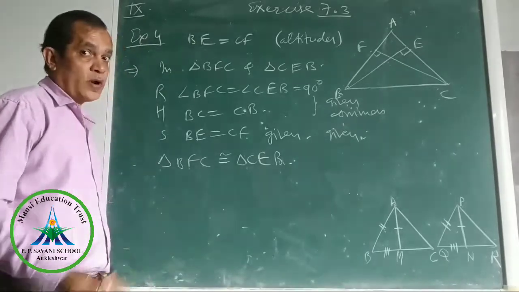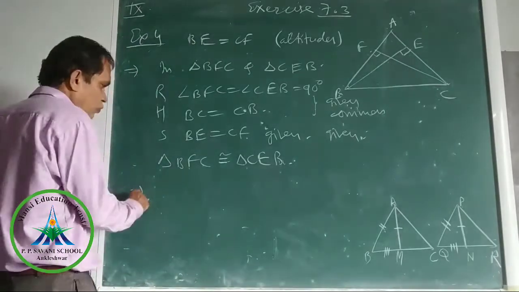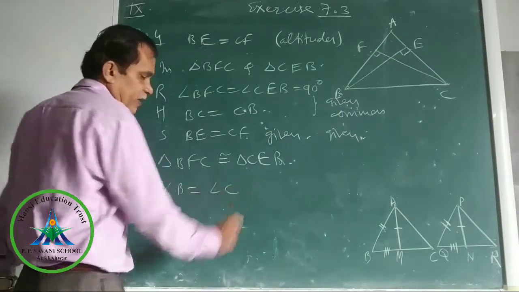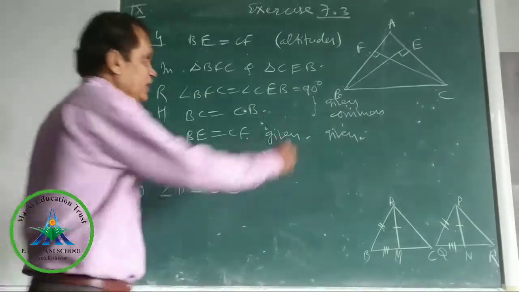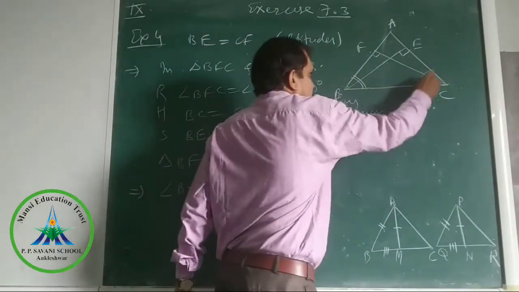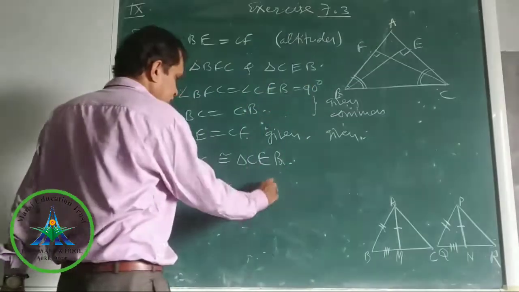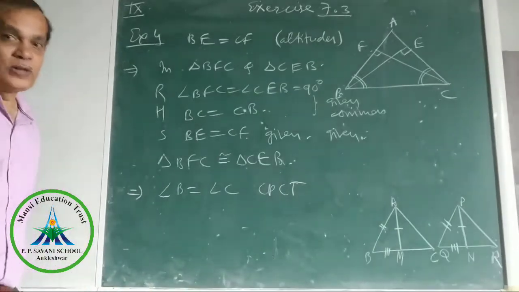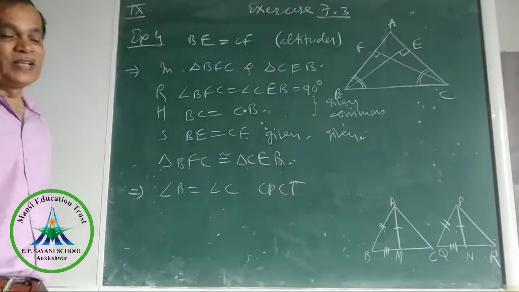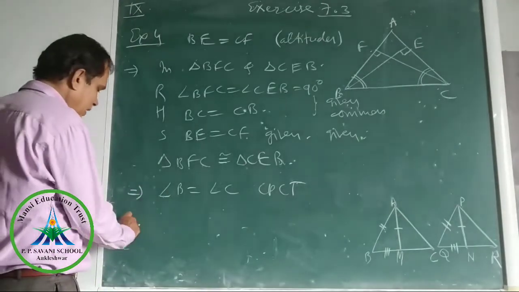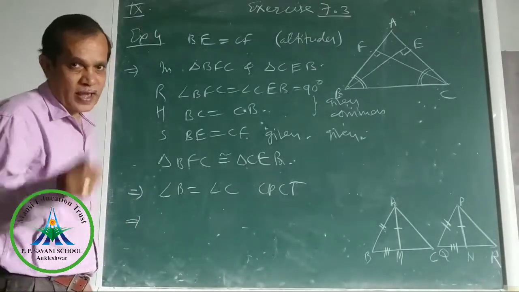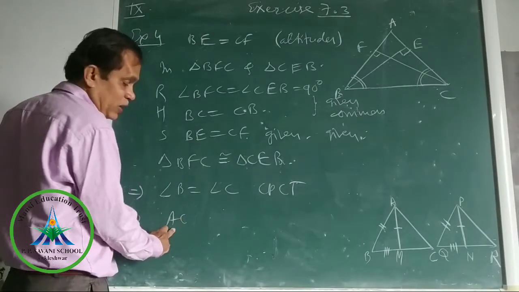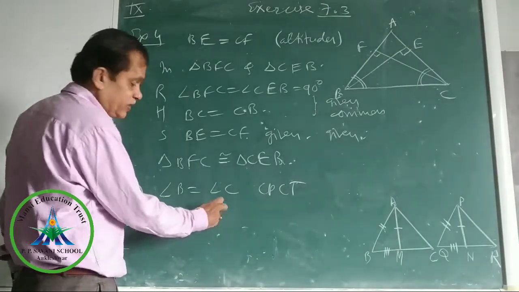If both triangles are congruent, then you are getting it now. Angle B equal to angle C, by CPCT. This angle equals this angle, and both are base angles. If both angles are equal, then sides opposite to equal angles are equal. So AB equal to, opposite to angle C, AC.